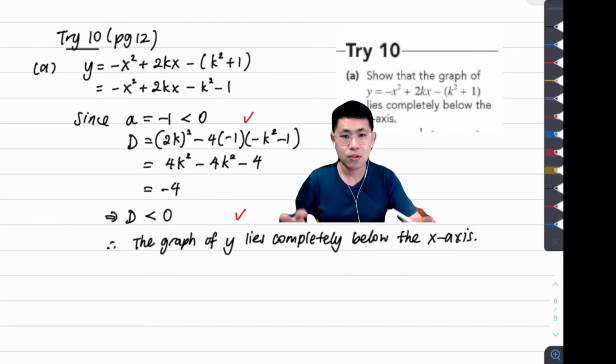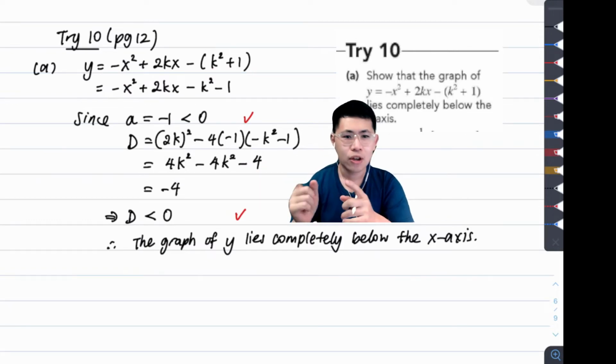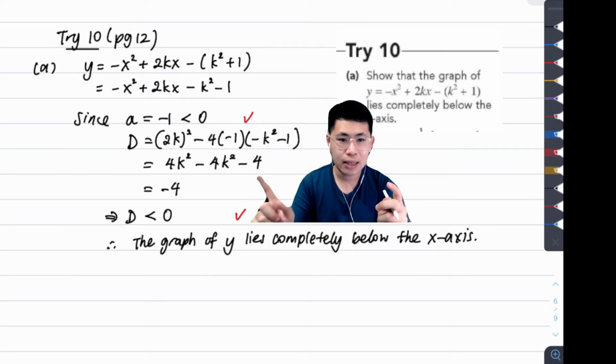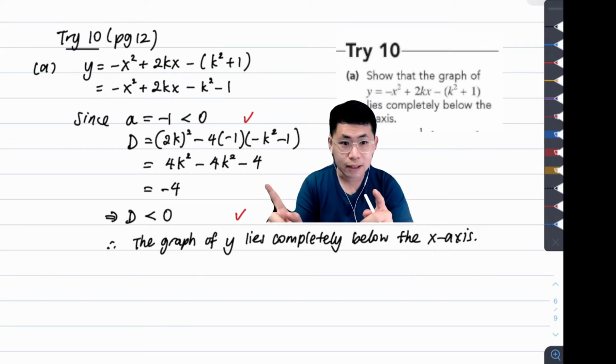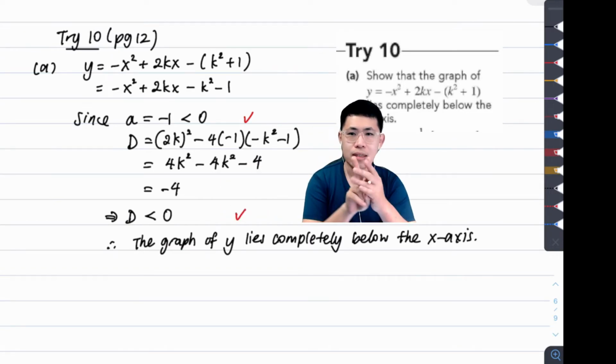We expand carefully. You should be getting 4k squared minus 4k squared minus 4, and D is equal to negative 4. This value of D is negative, so we hit our second condition.